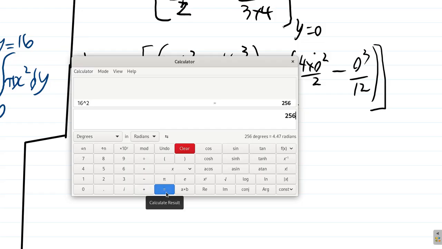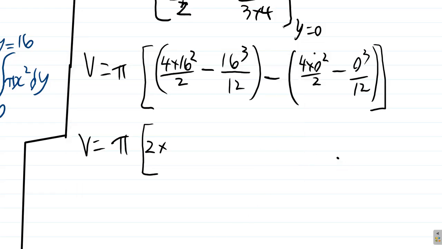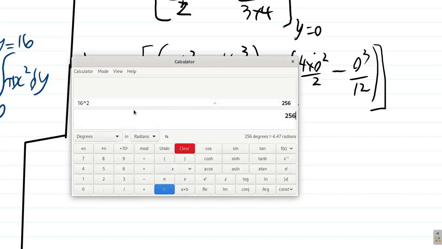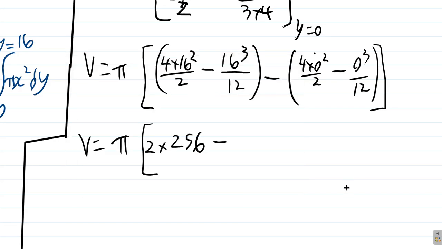Right, 256. So that's 256 minus, and then 16 cubed now. If we had 16 to the power of 3, we get 4096. 4096, right?